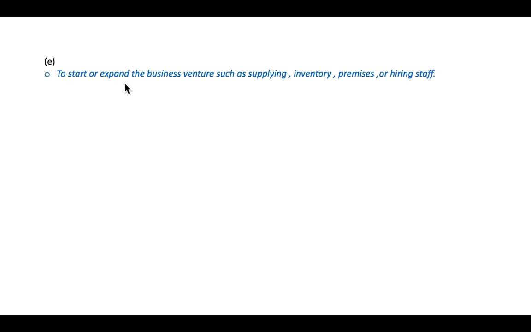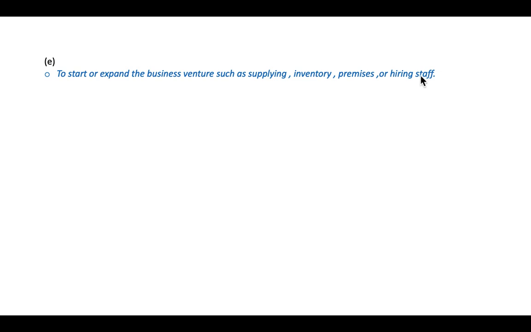okay, we can say 1, to start or expand the business venture by supplying inventory, premises, or hiring staff. So people, they borrow money to expand the business. If you want your business to grow, you want to start selling assorted goods, for example, if you are dealing with a laptop industry, you want to start expanding the business, you start buying different types of assorted laptops.